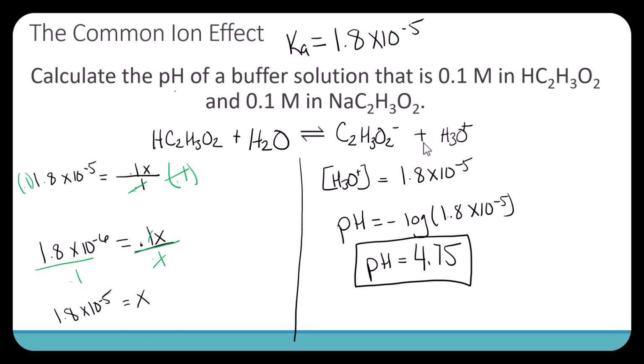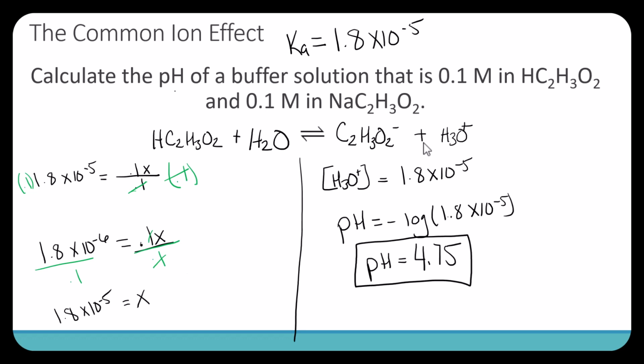Now that I've done this problem longhand, now would be a great opportunity to tell you there's a shortcut. But I need to give a disclaimer. This shortcut only works for buffers. Do not try to do this shortcut for weak acids and weak bases. Only use this for buffers.